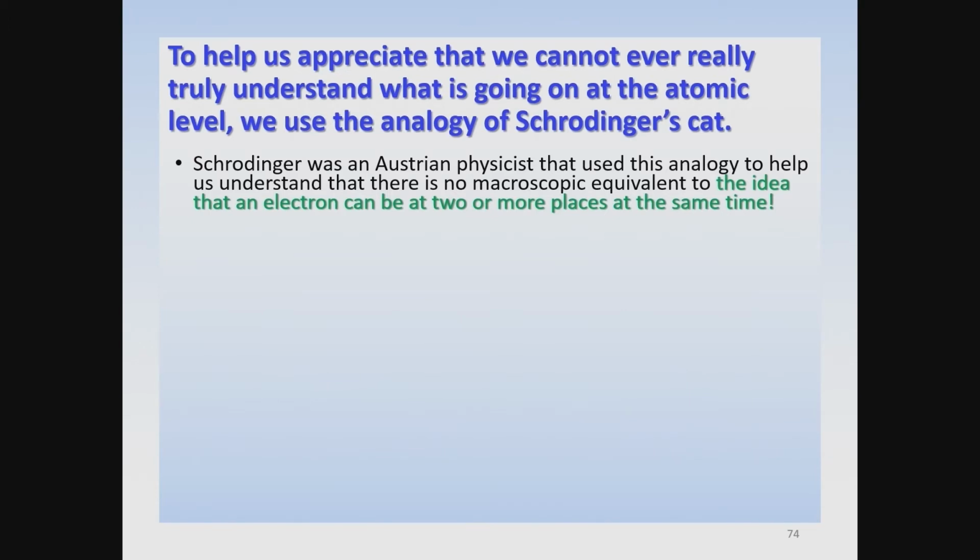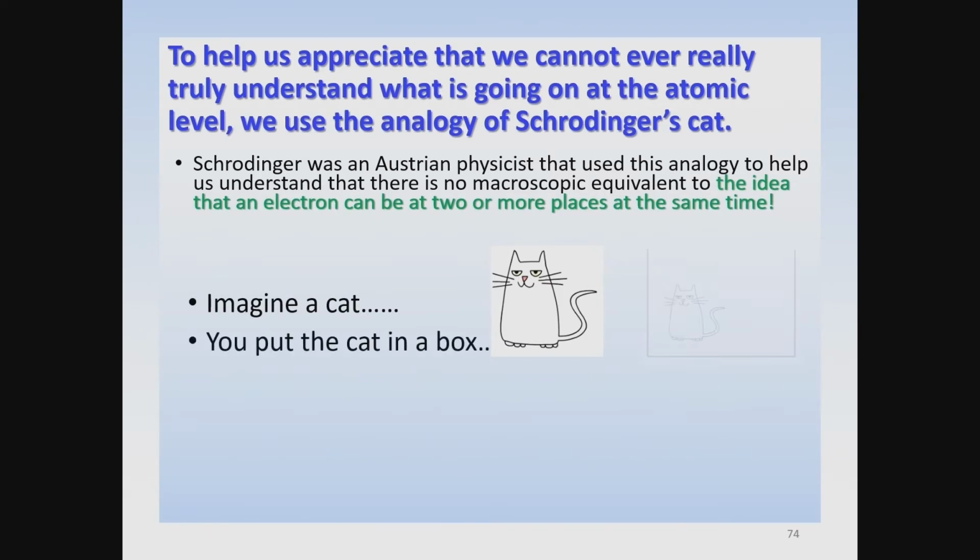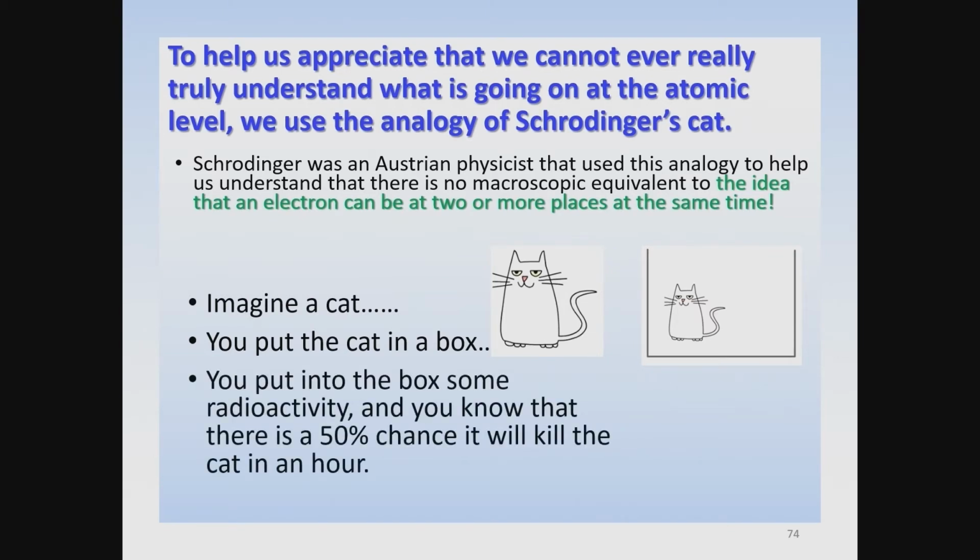It's called Schrödinger's cat. What Schrödinger suggested is, let's say you have just a regular sized cat. So there he is. And let's say you put this cat into a box. There's the cat happily meowing away, unaware of the treachery that is about to befall it, because you are the dastardly scientist. What you're going to do is put some radioactivity in the box along with the cat.